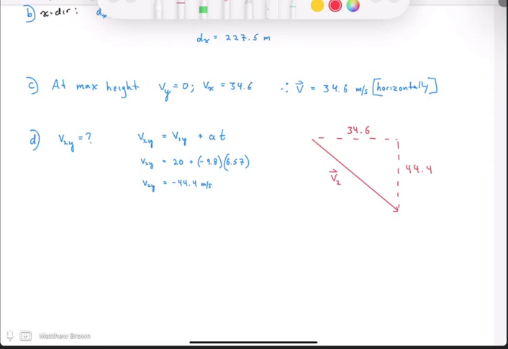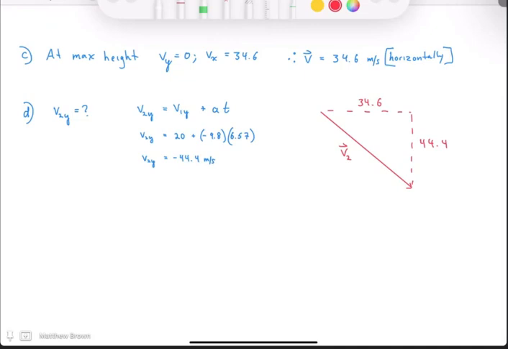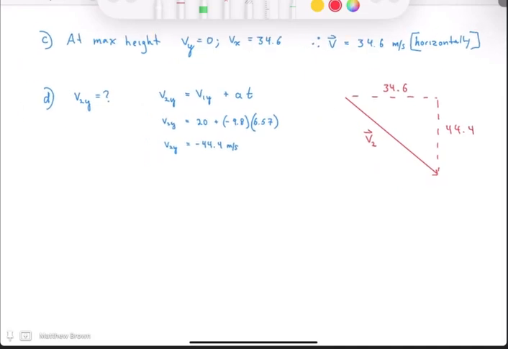And once again, as we've done multiple times, we're going to have to do some trigonometry here. To get the magnitude of v2, we're going to have to use the Pythagorean theorem, and that tells us it is going to be equal to 34.6 squared plus 44.4 squared. And if we plug in those numbers, we get 56.3.